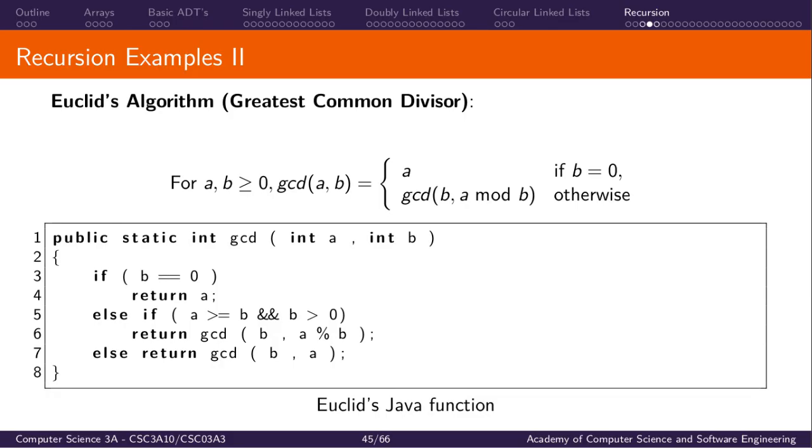To find the GCD of A and B, if B is equal to 0, so if our second term is 0, then return A. That is the greatest common divisor of A and B. If it's not, then call GCD with B as the first argument and A mod B as the second argument.